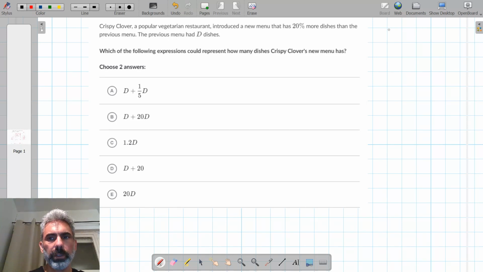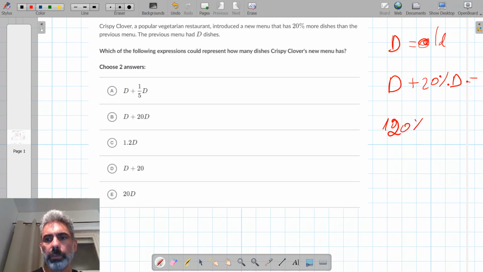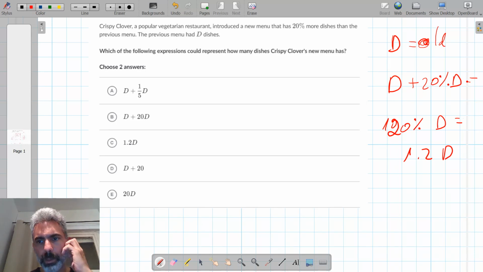Okay, so the previous menu is D. This is the old menu, and the new menu is D plus 20% of D, which is 120% of D, which is 1.2D. So which of the following expressions could represent how many dishes Crispy Clover's new menu has?